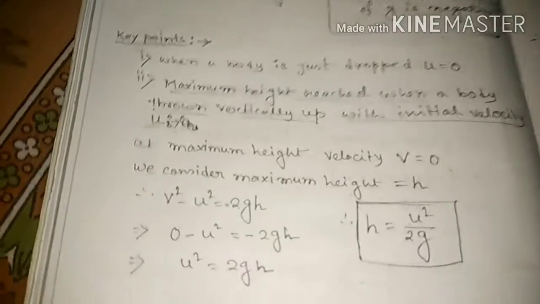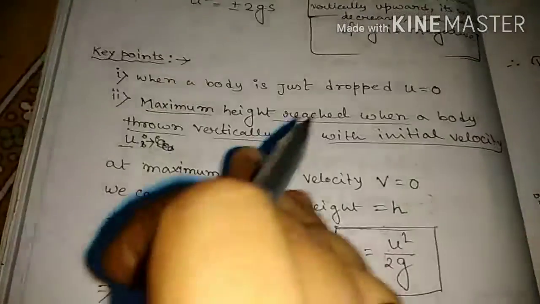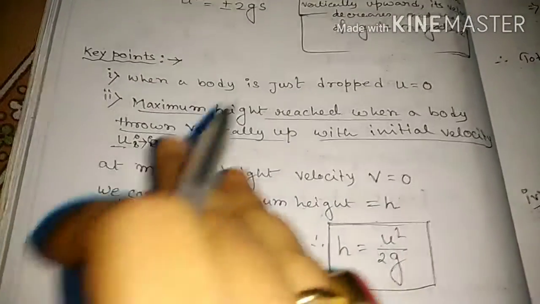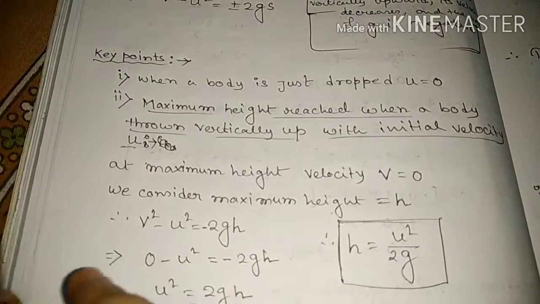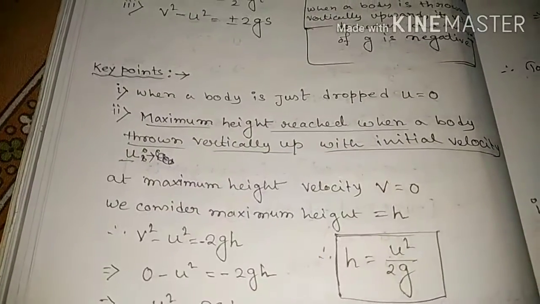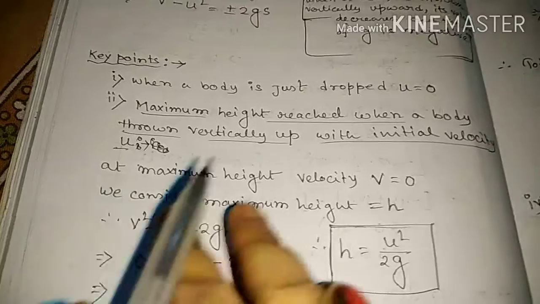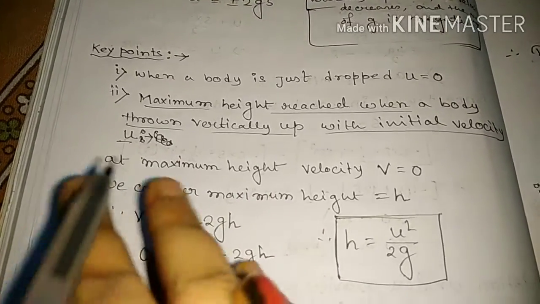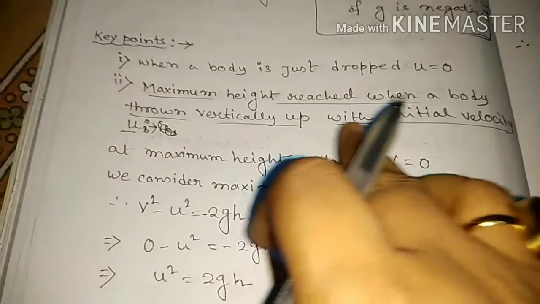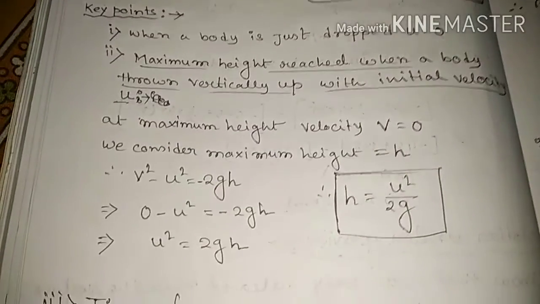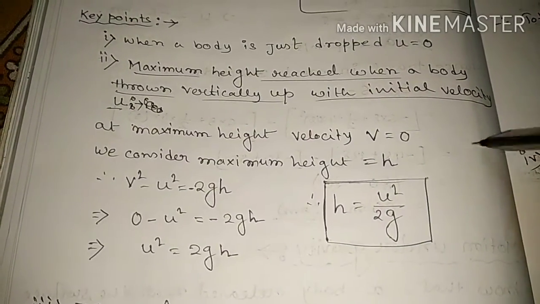Now here are some points you have to remember for calculating the numericals. First point: when a body is just dropped, u equals 0, no initial velocity. Next, the maximum height reached when a body is thrown vertically up with initial velocity u.